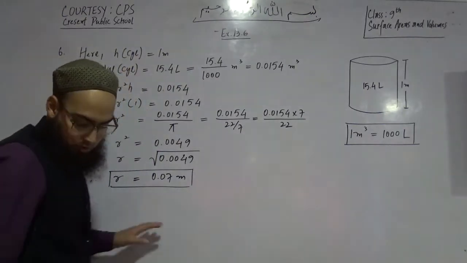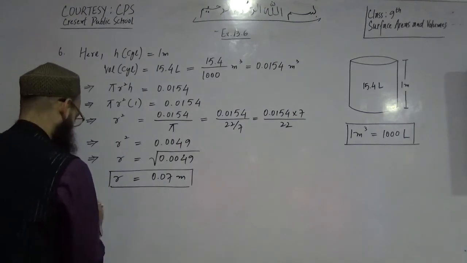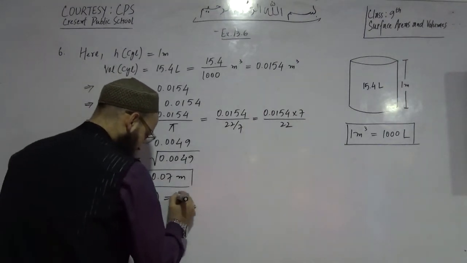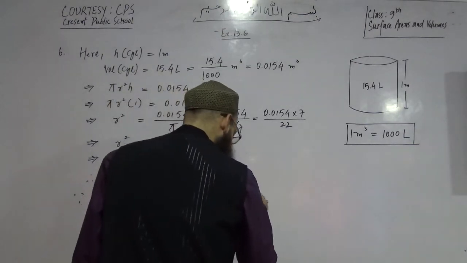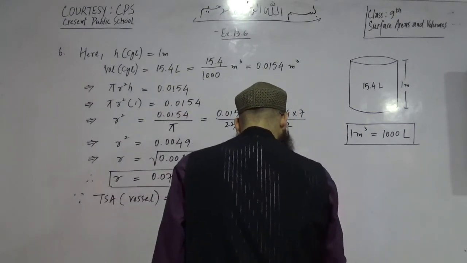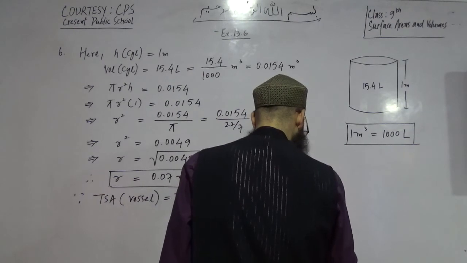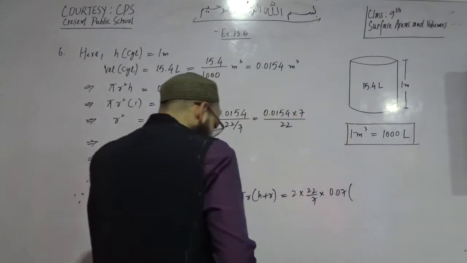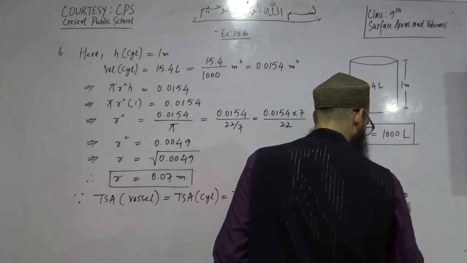Then after that, you need to find the total surface area. TSA of vessel is equal to TSA of cylinder, and that is equal to twice pi r times h plus r, and that is equal to 2 times 22 by 7 times radius 0.07, then bracket start, height is 1, plus 0.07.